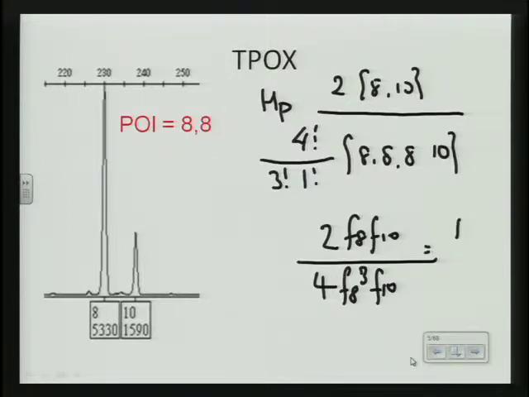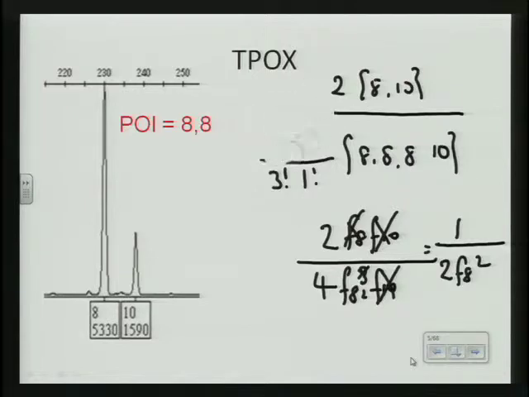So I'm going to get rid of some of this. 1 over 2 F8 squared. Because that goes and that goes and that goes and one of those go. Yeah, okay. I like that. I mean, this is new to me and it's fascinating. It's so quick.